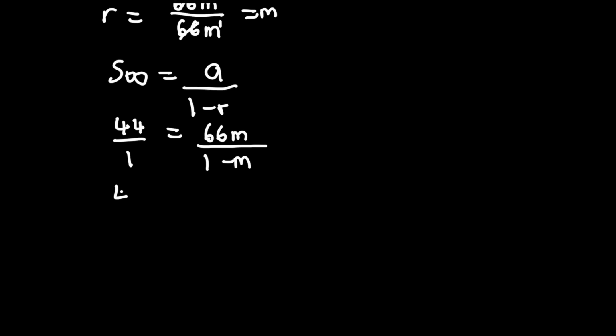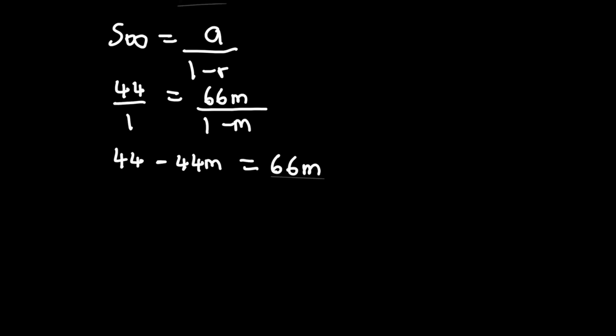We're going to get 44 minus 44m equals 66m. So we have to group the like terms: we leave 44 here and take 44m to the other side, which means it's going to be 66m plus 44m.